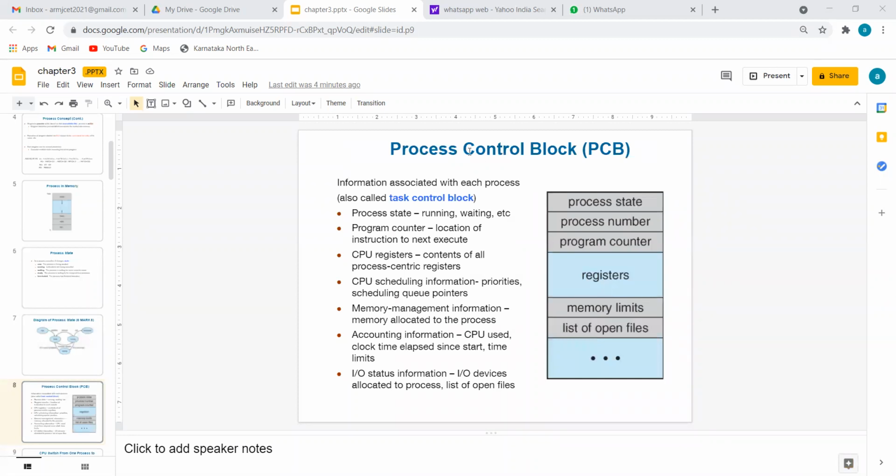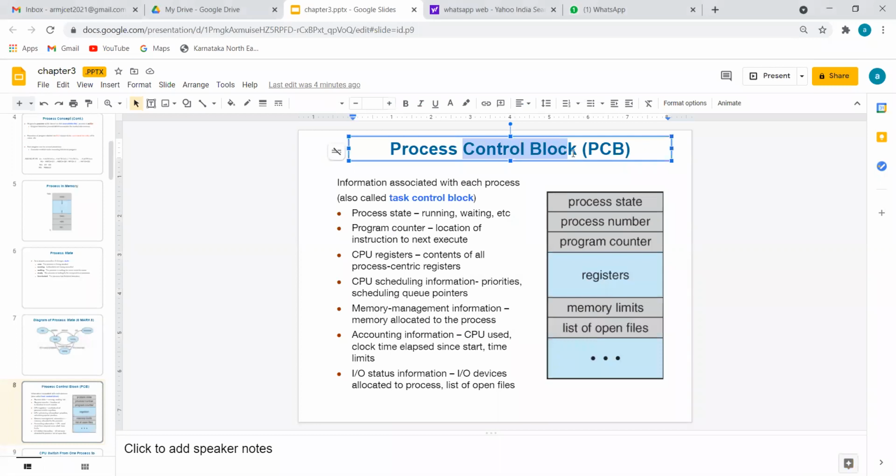Each process has its own control block. Very simple: what if we don't have a control block? If we don't have a control block, we cannot have valid information about each process. So to have valid information about each process, we need to store related information about that process.